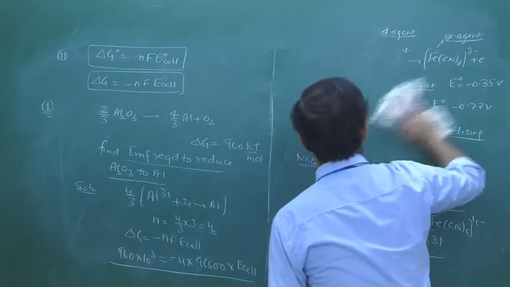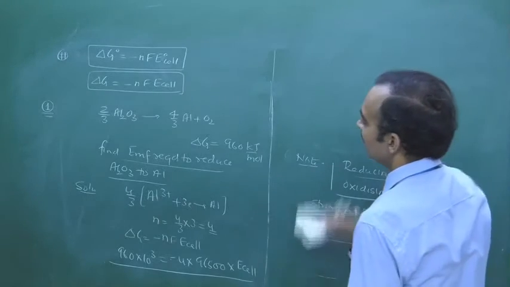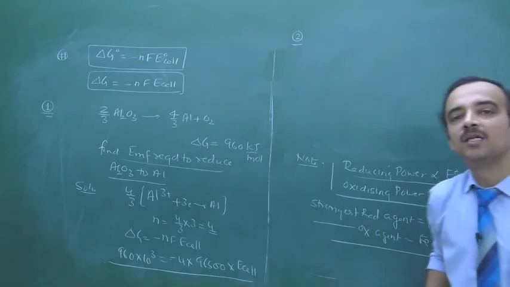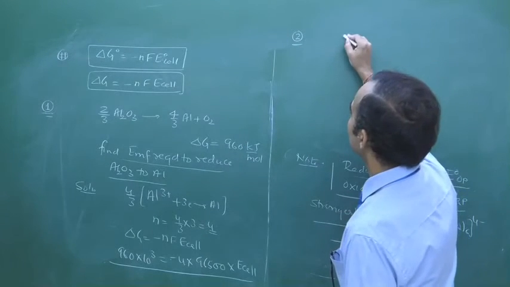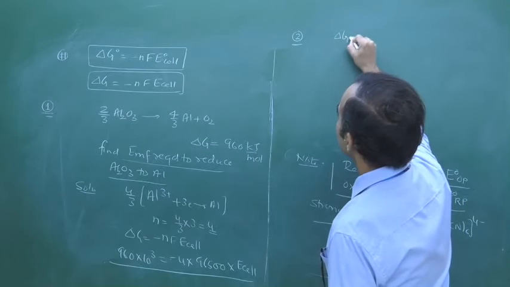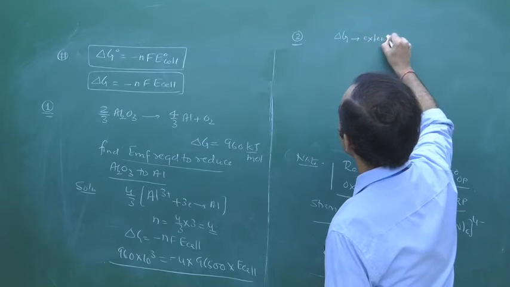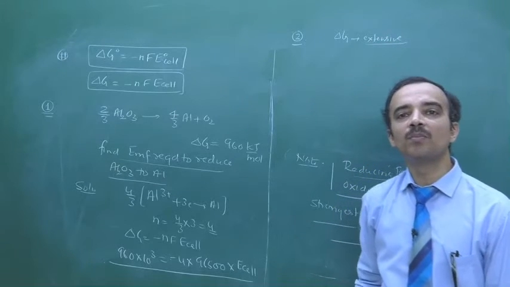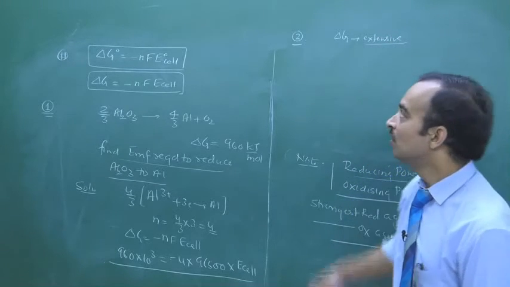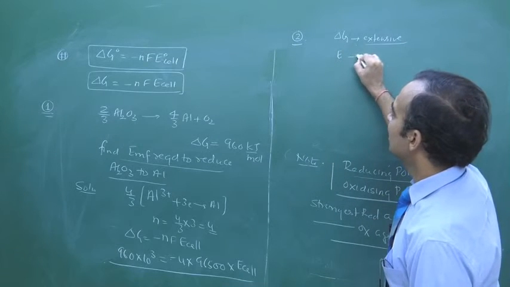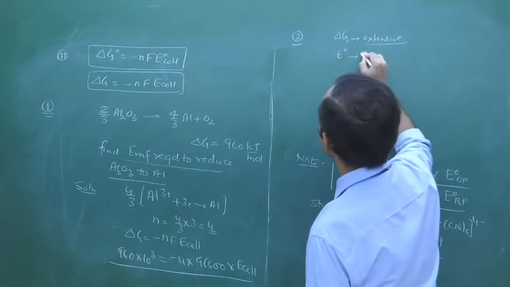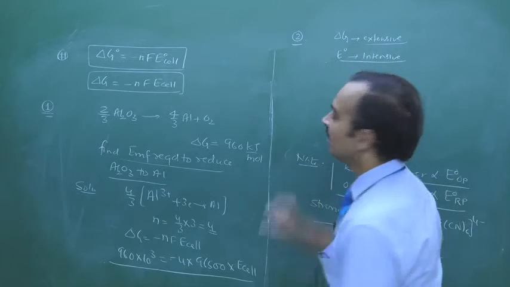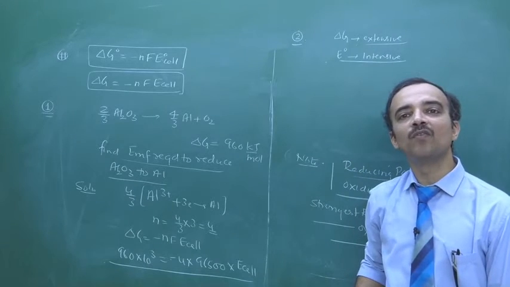Now let us come to another question. Second question is, beta, all of you should note one thing. What is that thing? Delta G is an extensive property. Free energy is an extensive property, it depends on amount, while electrode potential is an intensive property. It is independent of amount.